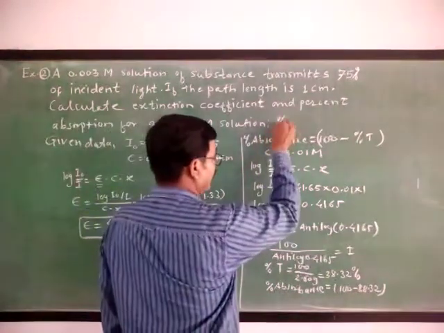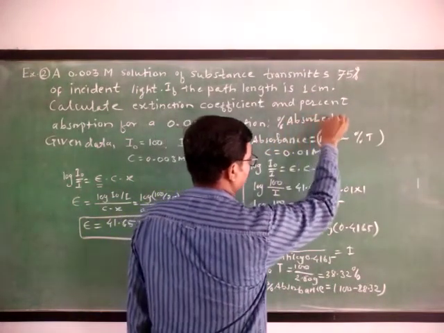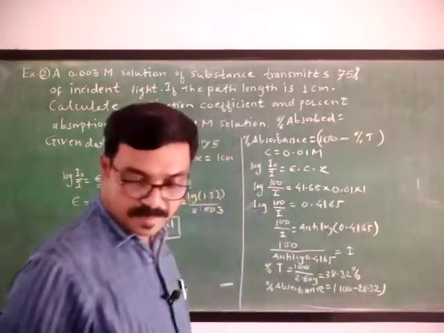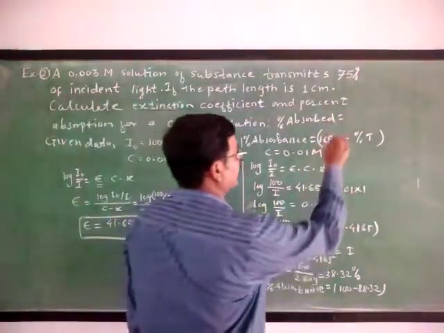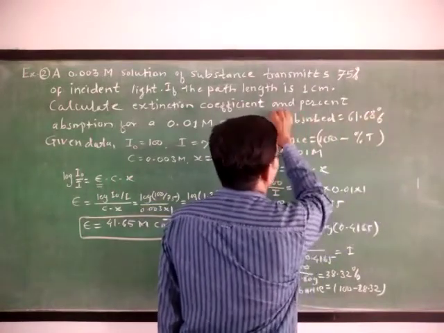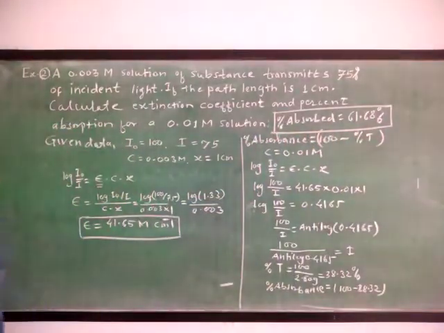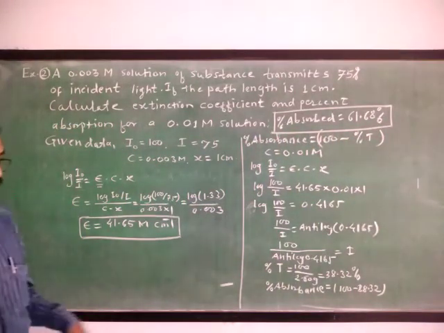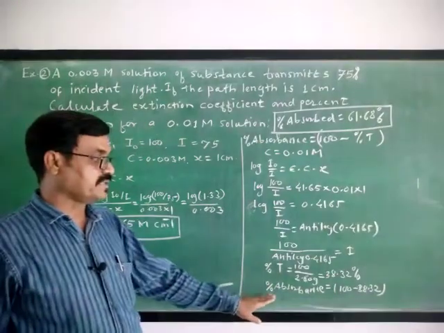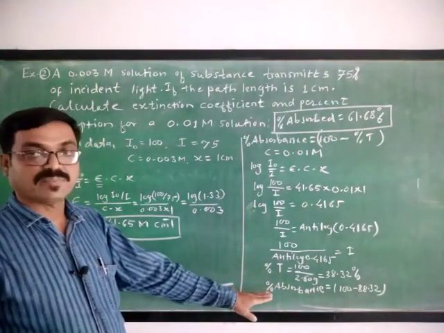What is the final answer? The percent of light absorbed will be 61.68%. In this way, this is the percent absorbed. If you know the percent transmittance, then you are able to find the percent absorbance.